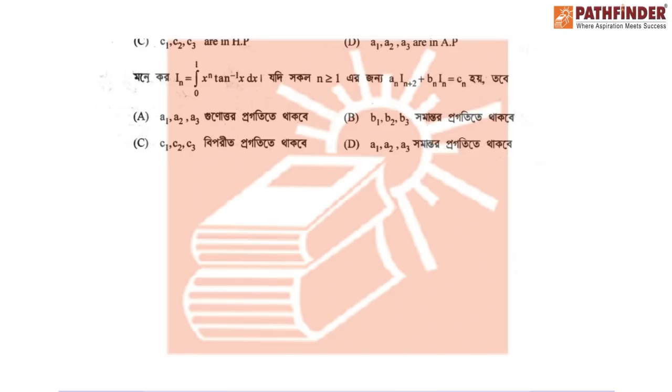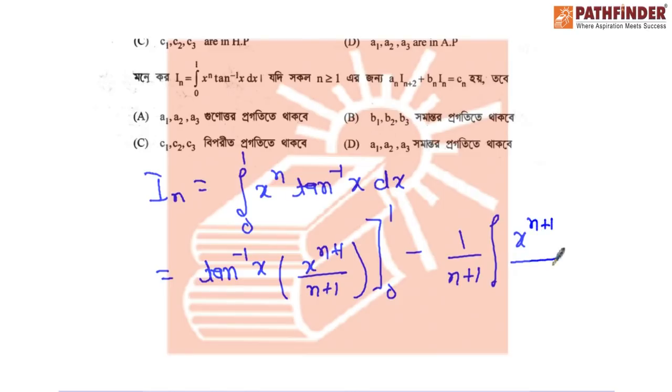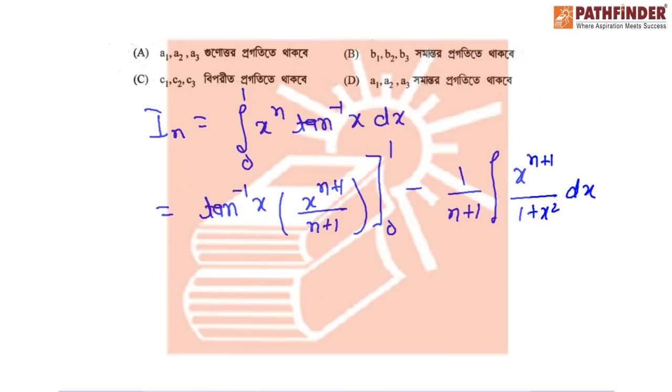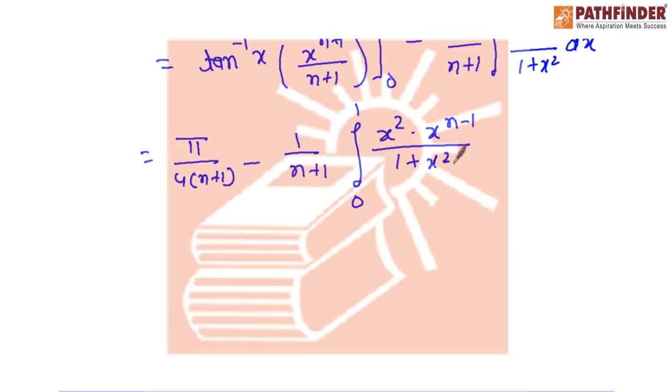So we have been given I_n is equal to integral 0 to 1 x to the power n tan inverse x dx, or this is equal to (tan inverse x) times x to the power (n plus 1) by (n plus 1), using by parts, from 0 to 1, the limit, minus 1 by (n plus 1) integration of x to the power (n plus 1) by (1 plus x square) dx, or this is finally equal to pi by 4(n plus 1) minus 1 by (n plus 1) integration 0 to 1 of x to the power (n plus 1) by (1 plus x square) dx.